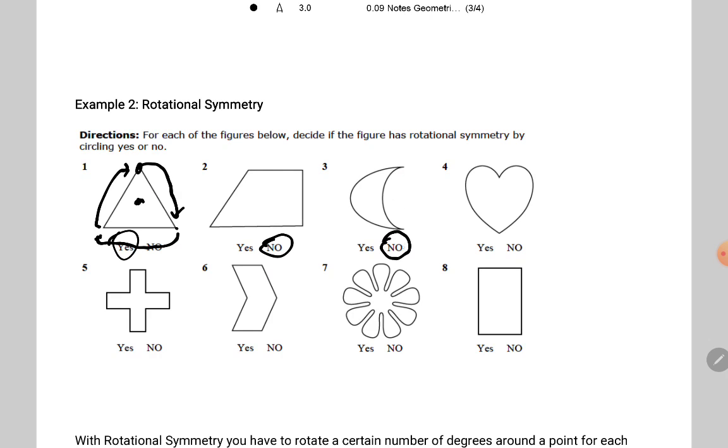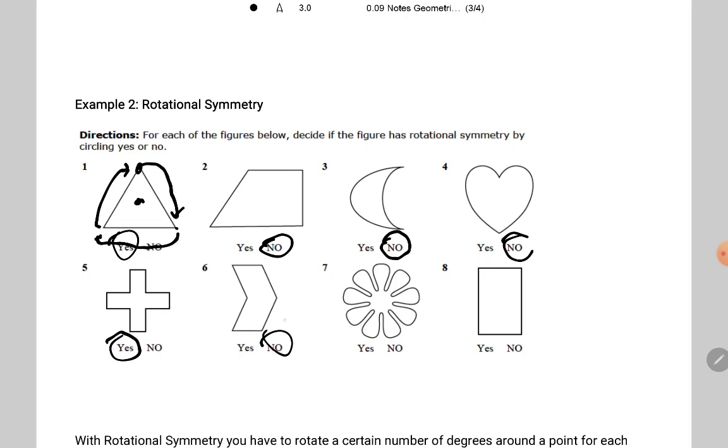This gap is going to be pointing downwards, left, up, as we rotate it around. The heart, these two bumps are up here. If I rotate it around, the bumps will be right here, and so on and so forth. But yes, this one, you rotate it about 90 degrees, and it'll look exactly like itself.